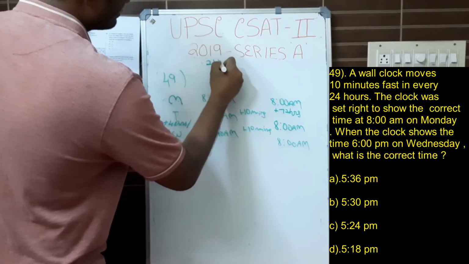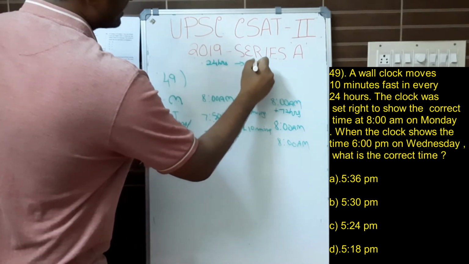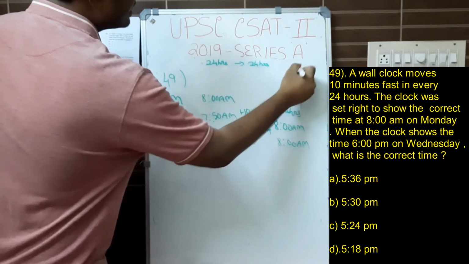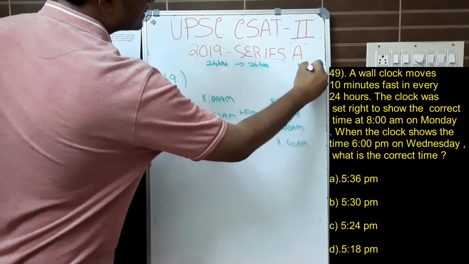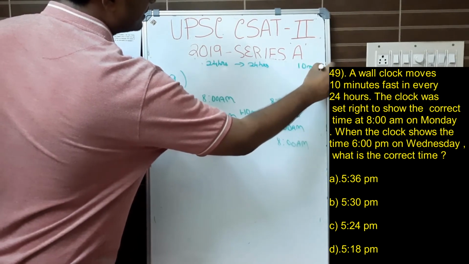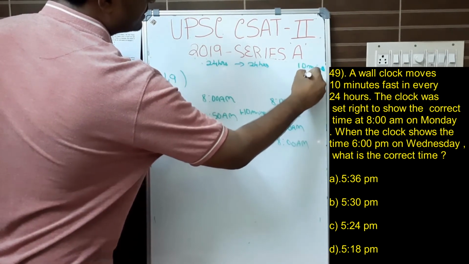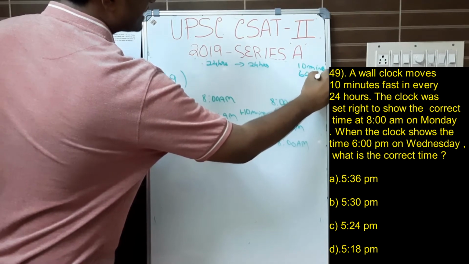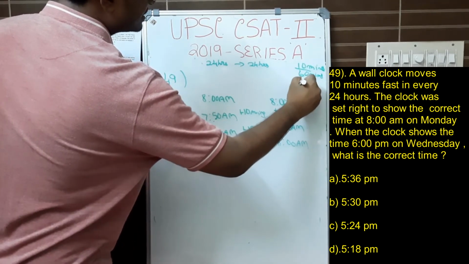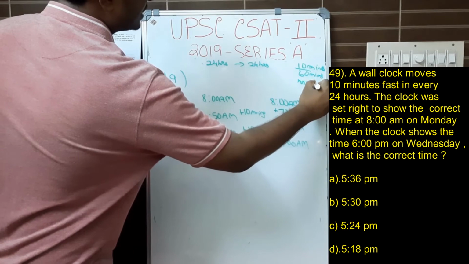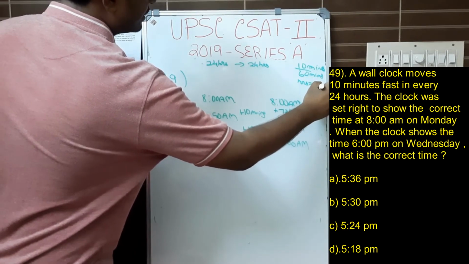But see, for every 24 hours, you will get a false time of 24 hours and 10 minutes. There are 60 minutes in an hour, so 10 minutes can be represented as 10 by 60 hours, that is 1 by 6 hour.